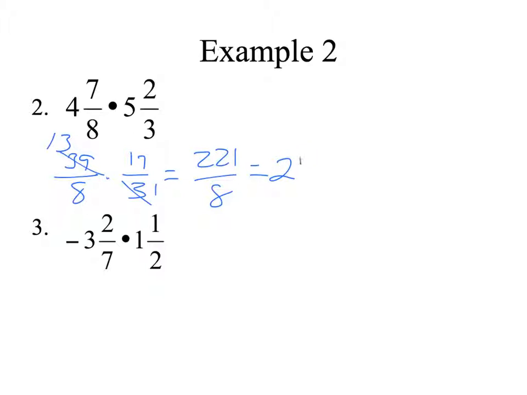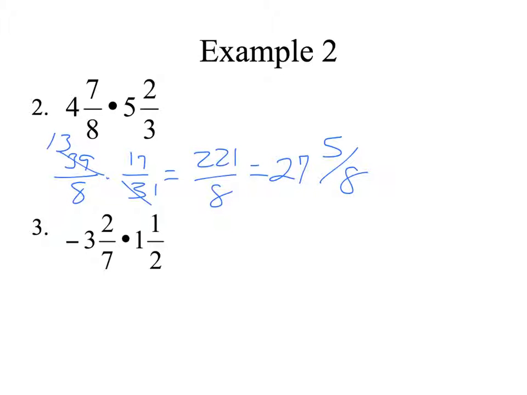That's going to give me 27. So 27 and 5/8 as my final answer. I'm doing the long division on another piece of paper just to kind of save room on the screen, but that's all I'm doing, is doing the long division.